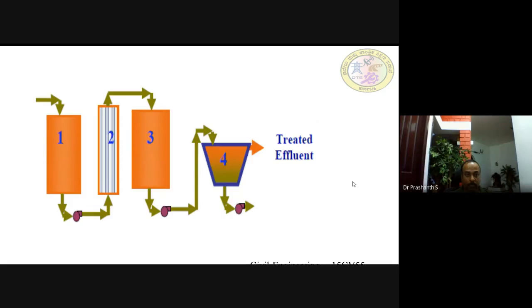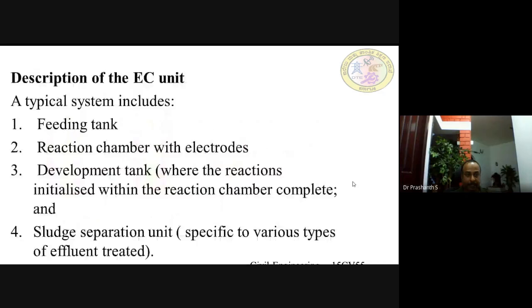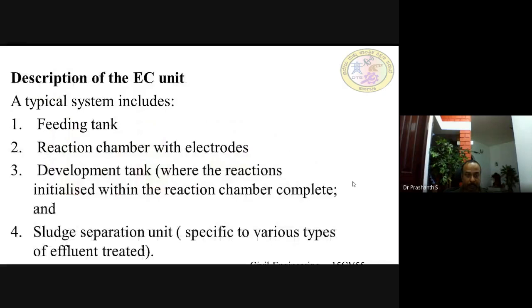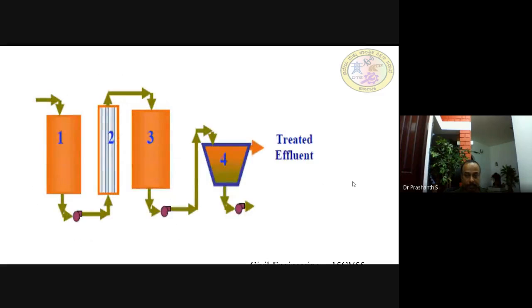One is the feeding tank. The second one is the reaction chamber where the current is given, and the third is development, where the reactions are initialized within the reaction chamber. Finally, the fourth one is the sludge separation, where the treated effluent is separated from the sludge.